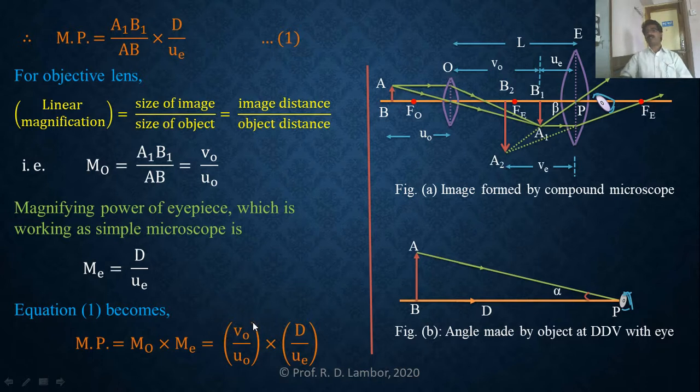As per Cartesian sign convention, UO, the object distance, is negative, isn't it? UE, the object distance for the eyepiece, is also negative, and D, the distance of distinct vision, is also negative, but VO, the image distance for the objective, is only positive. So out of those 4 terms, 3 terms are negative. So finally, as per Cartesian sign convention, a negative sign will be there.